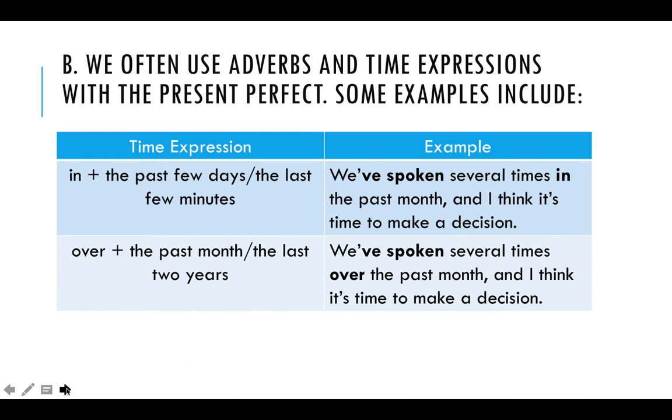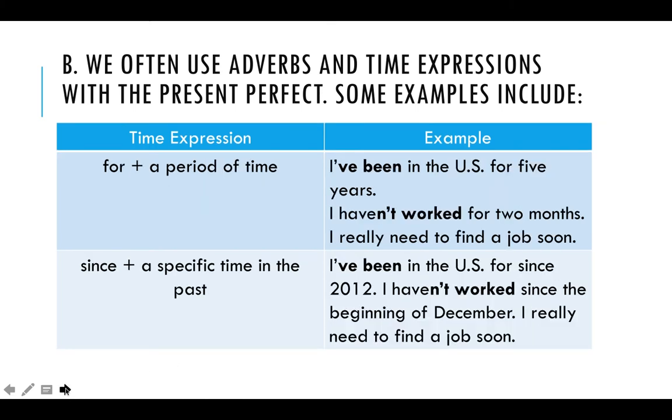Okay, we often use present perfect with for and a period of time, or since a specific time in the past. And students often confuse these two things, that after for you want a period of time, and since is a specific time in the past.